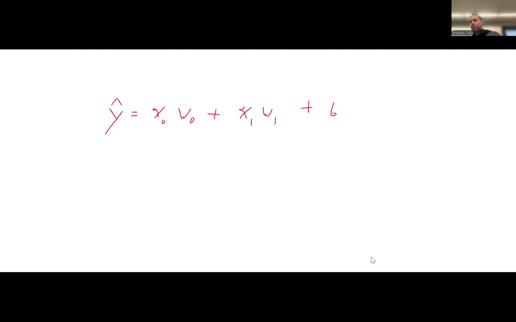So I'm going to say that we know that x0 is going to be equal to -1. X1 is going to be equal to -1. Y, the predicted value, is going to be equal to -1.